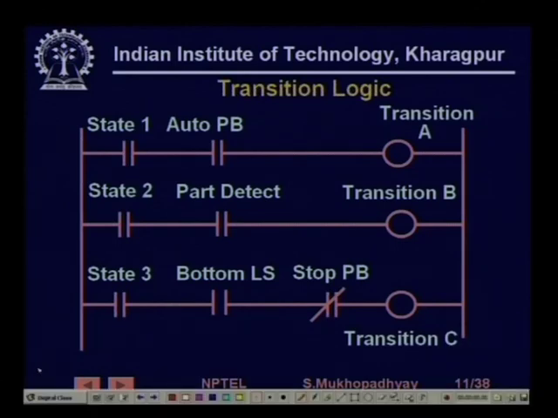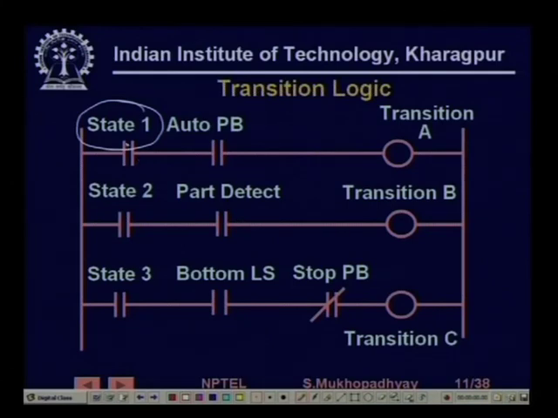It says that if the system is in state 1, that depends on the state logic. Corresponding to every transition we have an output coil, and corresponding to every state we have output coils. So, this is actually an auxiliary contact corresponding to the output coil called state 1. It is an abstract variable actually.